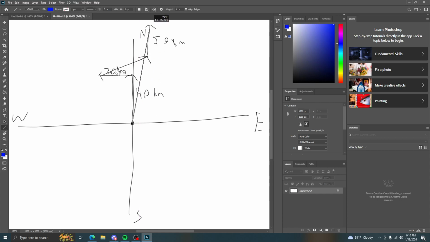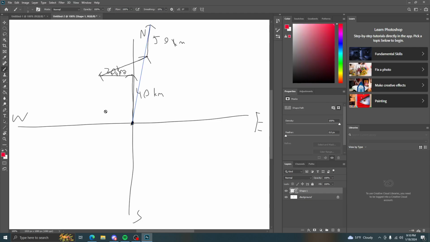Then we can draw the x component, which I drew too big, but that's fine, and the y component.